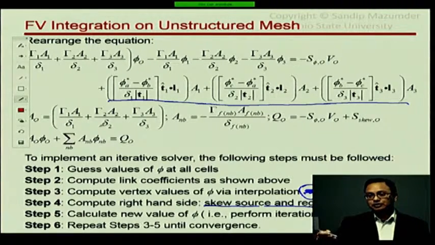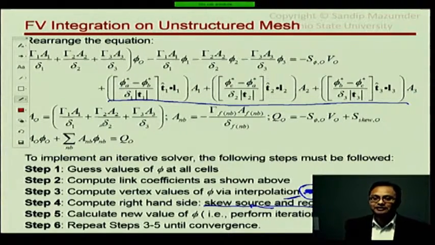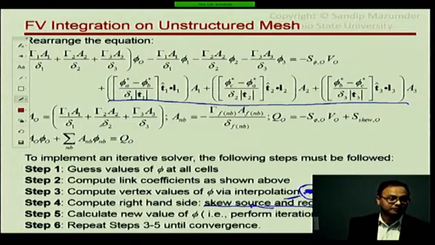So it's interspersed. You're not doing it every iteration, because if you do it every iteration, it's pretty expensive. These interpolations and skew source calculations, there's a lot of calculation there. So people often do it, especially for linear problems. It works great, updating the skew sources once in a while instead of every iteration.